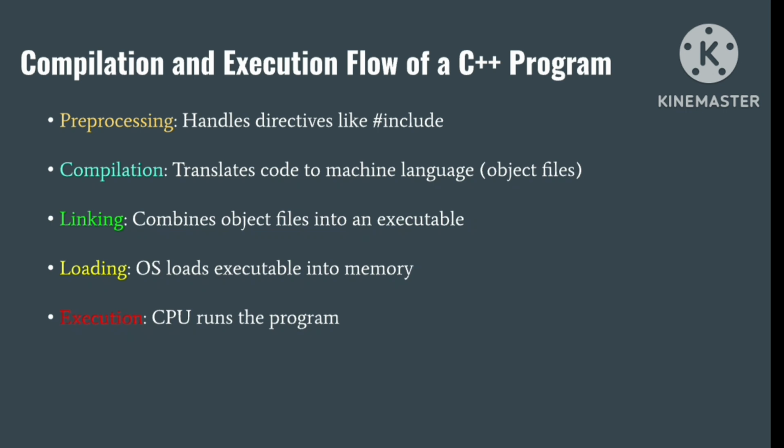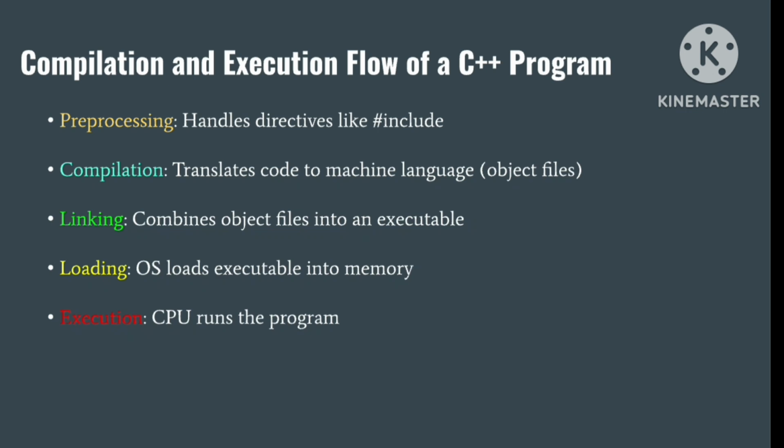Now is the explanation and execution flow of a C++ program. A C++ program goes through these steps. First is preprocessing, where directives such as hash include are handled. The files present in the header files are included in the program. Then comes compilation, a process in which the code written by the user is converted into machine language, which is called an object file.